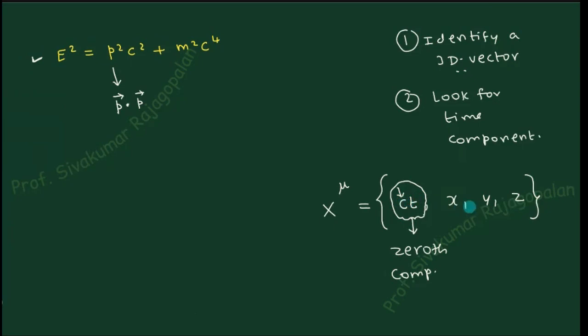The other three should be the traditional three-dimensional vector. This is the idea, and in that way you have to look at this equation and do some kind of algebraic manipulation. You can do whatever you want, but then identify which one will be the time component, that means the zeroth component, and what is the quantity identified as the usual 3D case.